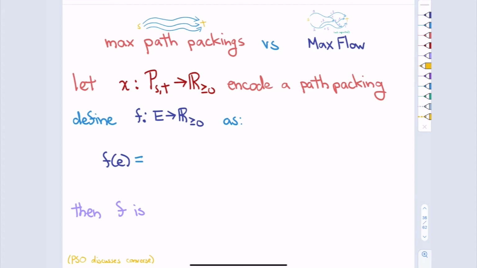Now I claim that you can turn it into a flow of the same size, the same total quantity as your path packing. What would that flow be? I want to assign values to all the edges. You're given a weighted combination of paths.